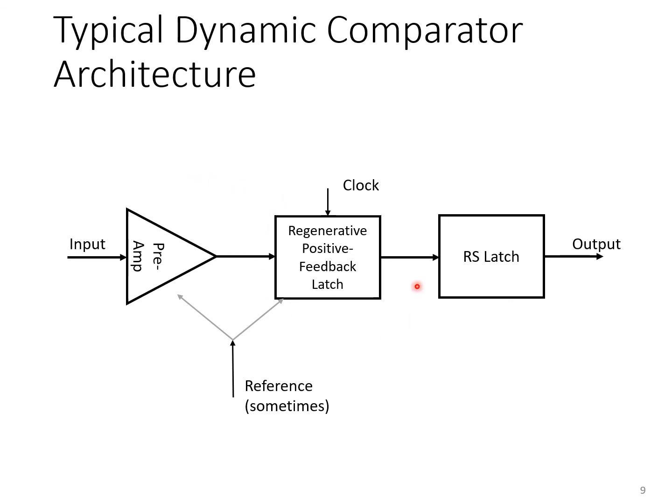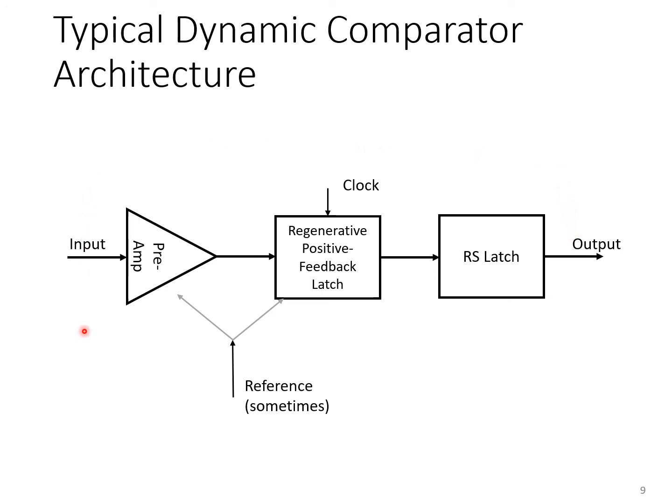The second stage is the regenerative positive feedback part of the latch. Often there's a combination of back-to-back inverters that's being periodically activated and reset by a clock signal. And then finally, you've got an RS latch that's being used to make the outputs nice and clean so that you don't see the reset phase at the output of the overall comparator. So this is a typical architecture.